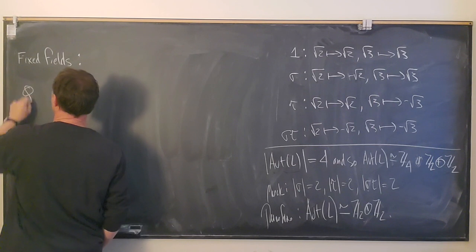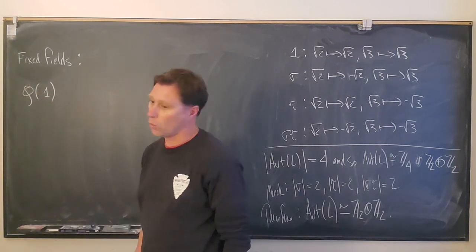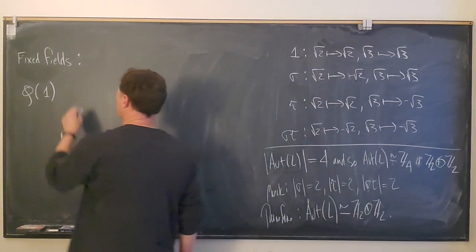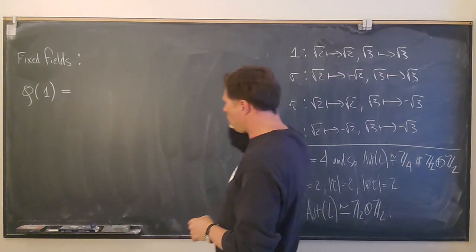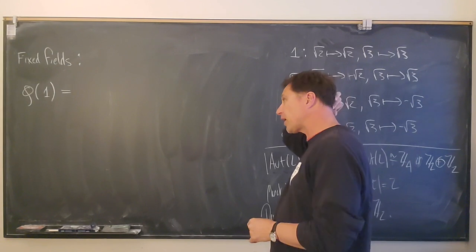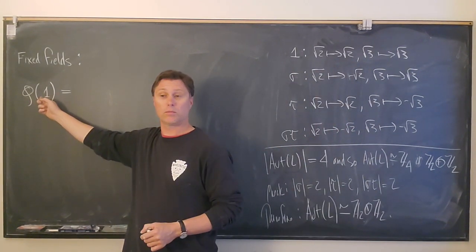So first, we can look at phi of 1. All right, 1, the trivial subgroup. What elements of L are fixed by every element of the trivial subgroup?